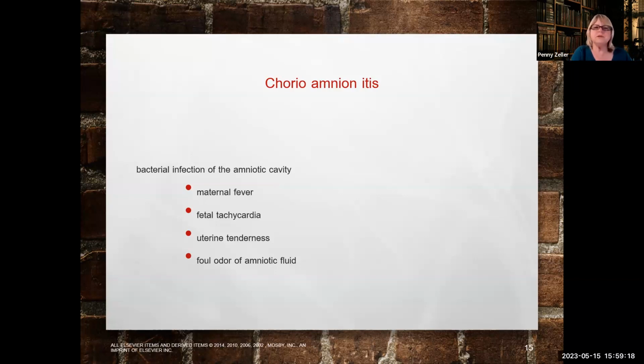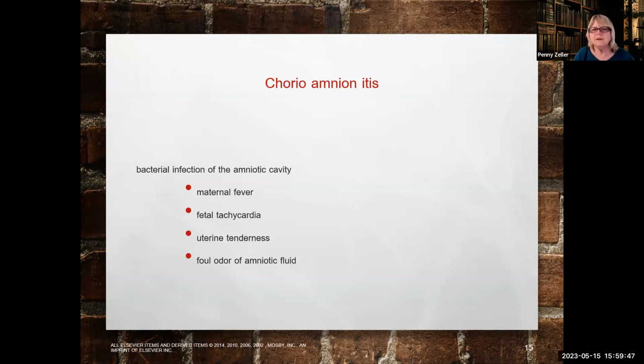So what do you think is the number one fetal outcome with chorioamnionitis? If we left it untreated, what do you think it would cause the fetus? What effect? What's the baby doing during the antepartum life? Moving around.